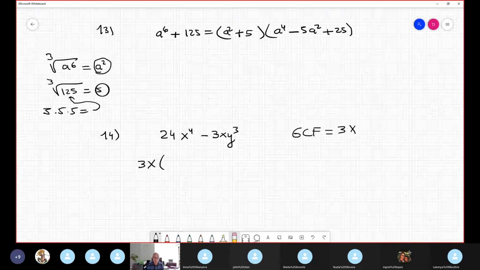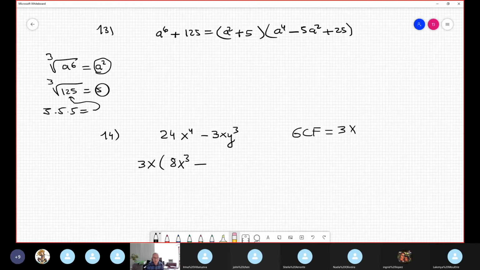Open a new parenthesis: 8x cubed minus y cubed. And this inside the parenthesis is a difference of cubes. Outside is 3x, the GCF. I open two parentheses, the short and the long, binomial and trinomial. The cubic root is 2x minus y.